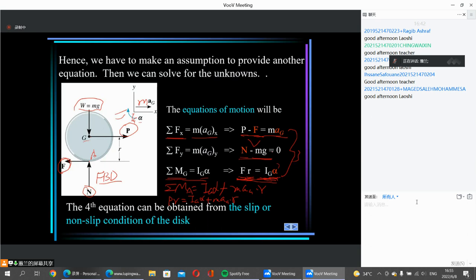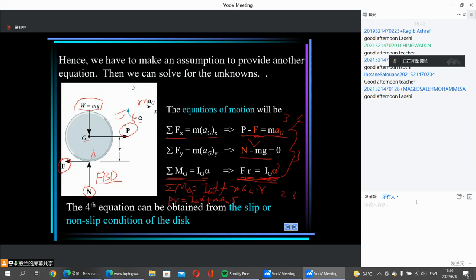So here we have three equations, four unknowns. Anyhow, if we want to find the solutions, we need to supplement one more equation, right? So which one do we need to write down to solve these equations?